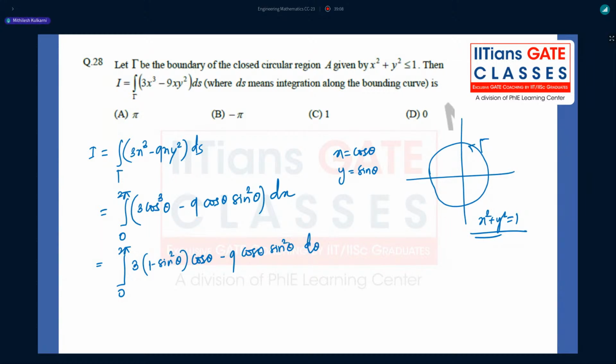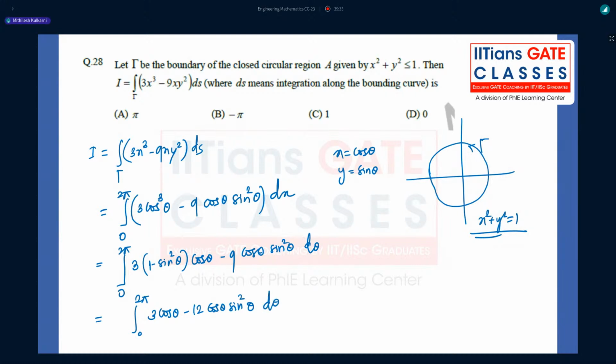Okay, and if you further solve it, integration 0 to 2 pi of 3 cos theta minus 3 cos of theta sin square theta minus 9 cos of theta sin square theta. So it will become 12, total 12 cos of theta sin square theta d theta.